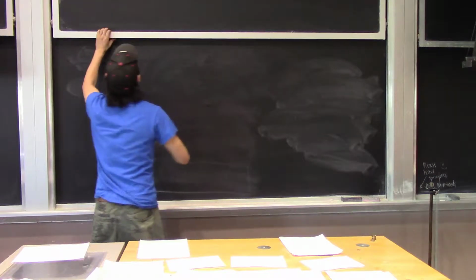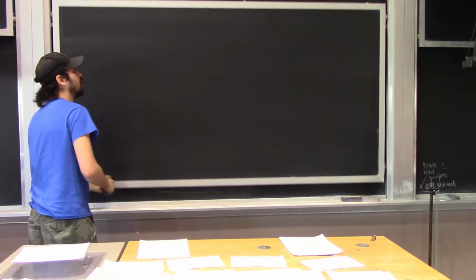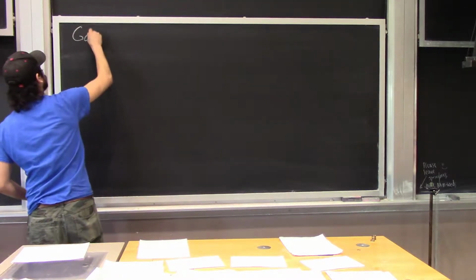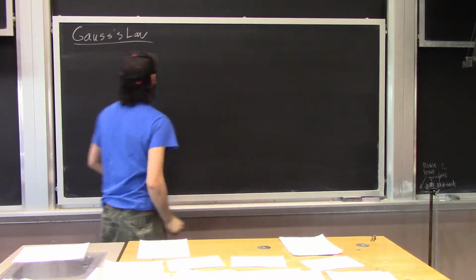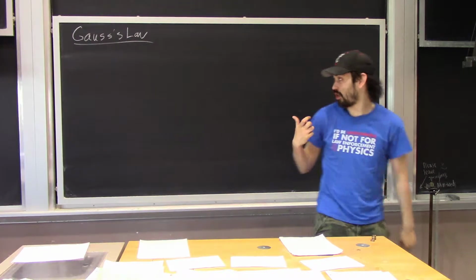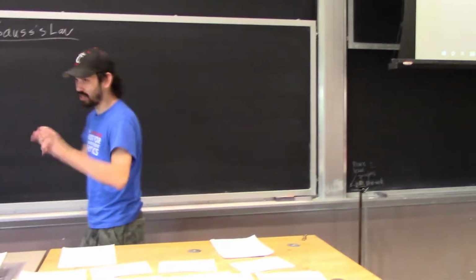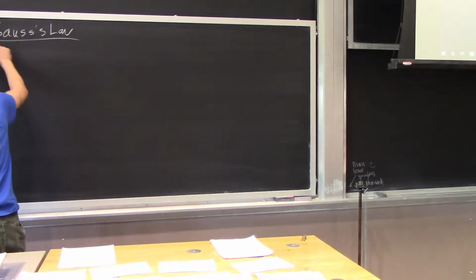So actually, let's write this one right here. So this is Gauss's law. When we did Gauss's law, we saw that there were 3 types of symmetry that we could have. So 3 symmetries.